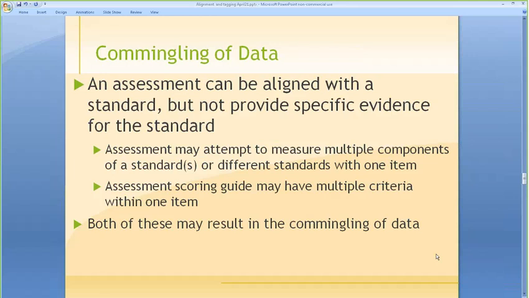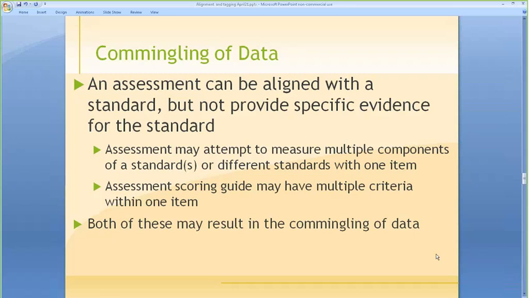And this is where you get at that commingling issue, where when you have results showing that most of our candidates are performing at a certain level, you're not really sure which aspect of the assessment item it is that candidates are achieving or not achieving.